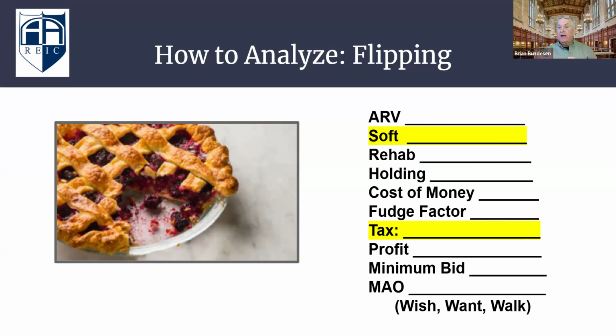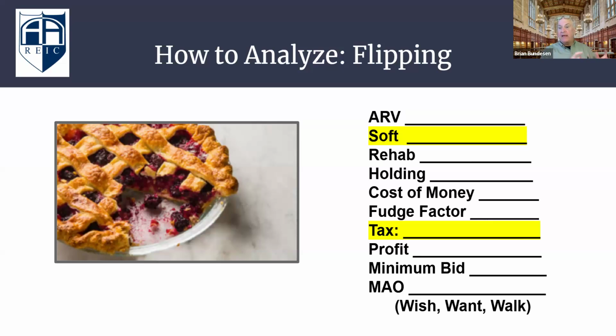Cost of money: a conventional lender, until you have built a track record, you're going to be using private money or hard money to do flips, unless it's your own cash. Taxes: this is a question for your CPA that a lot of investors don't take into account.